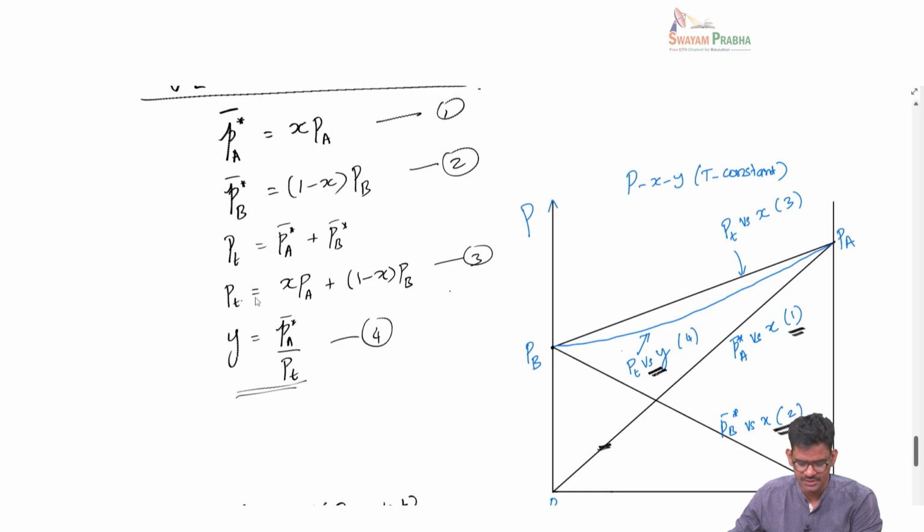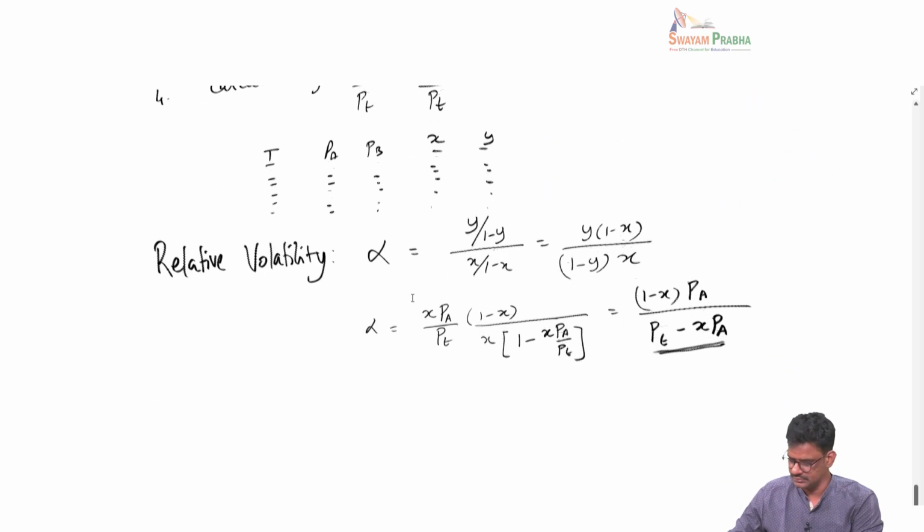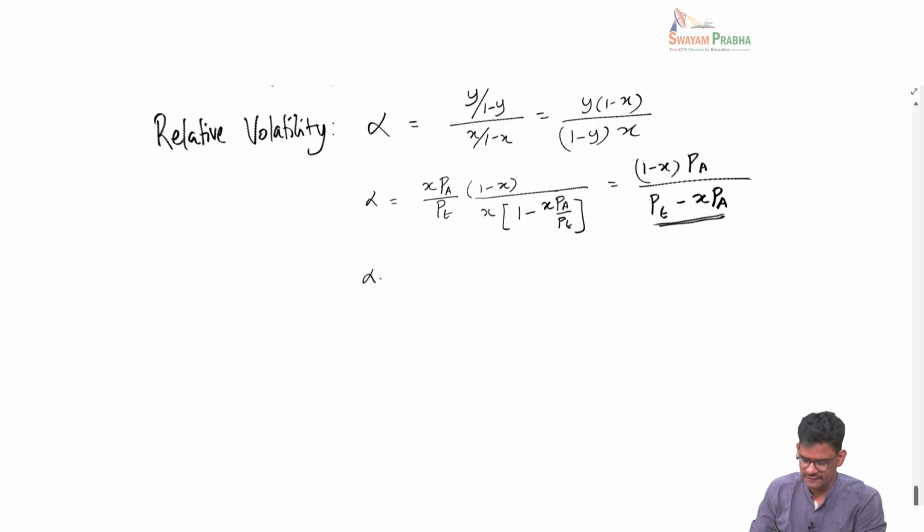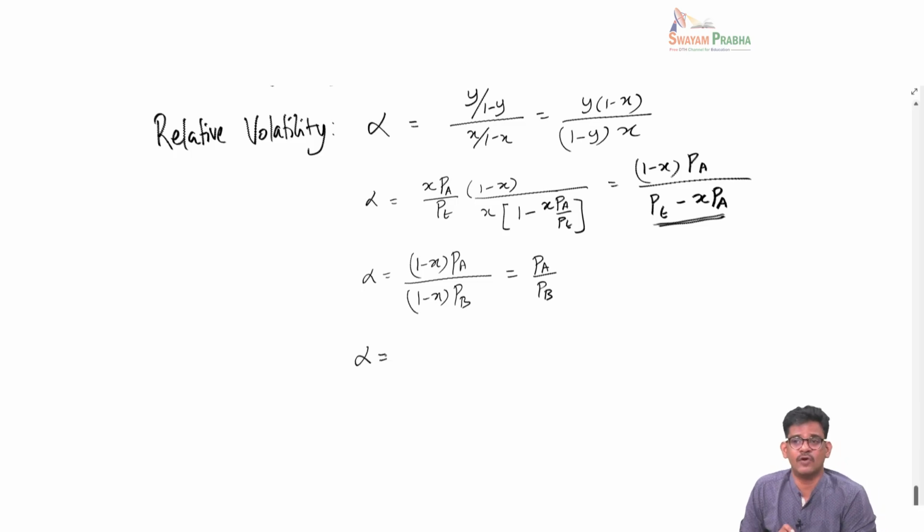I am saying Pt minus x Pa is nothing but 1 minus x times Pb. So we write alpha is equal to 1 minus x times Pa over 1 minus x times Pb, which is nothing but Pa by Pb. So for mixtures following Raoult's law, the relative volatility is nothing but Pa by Pb.